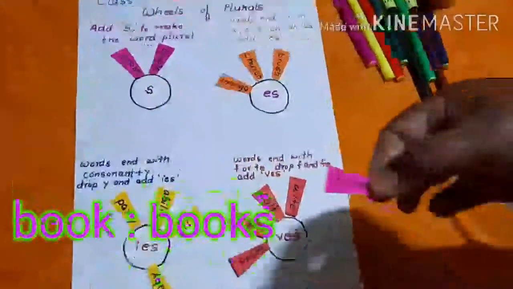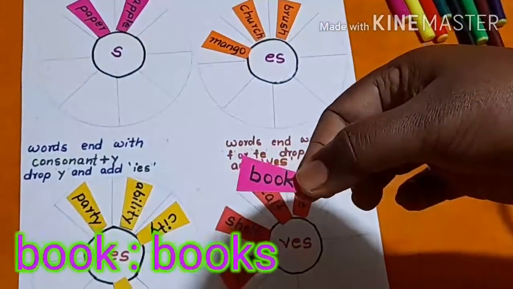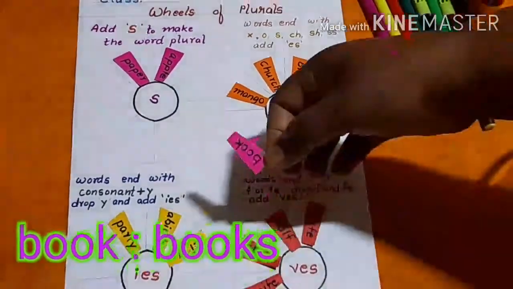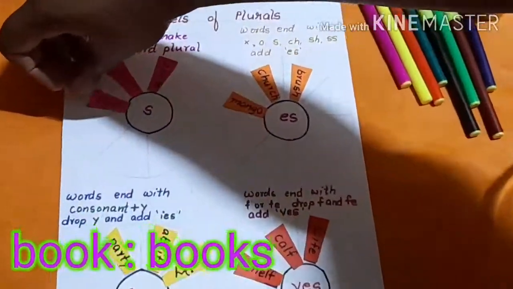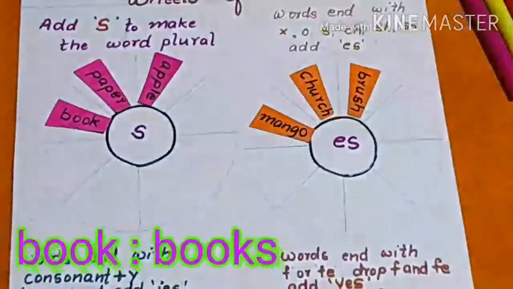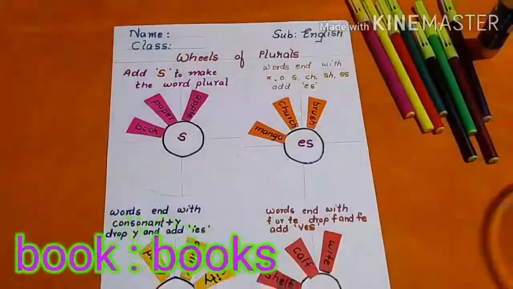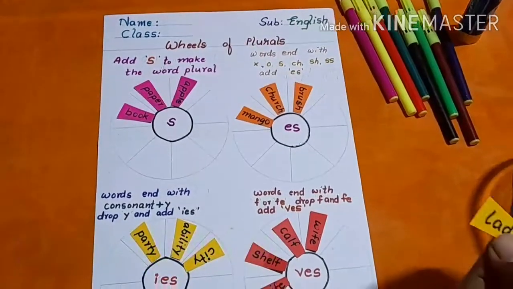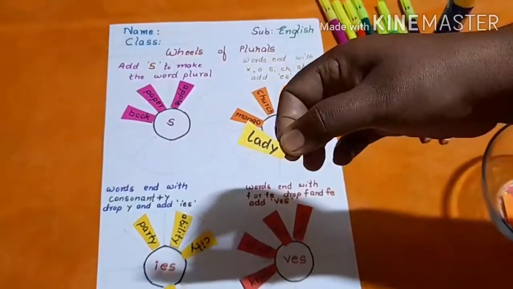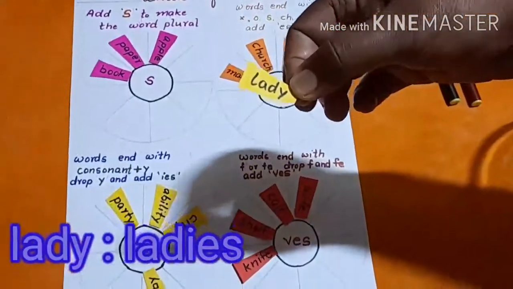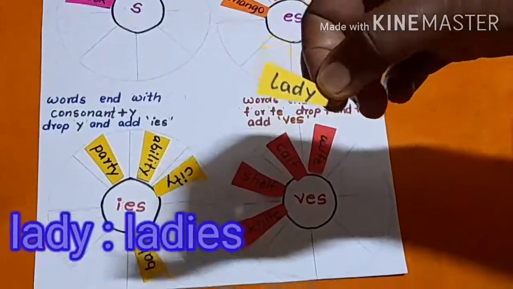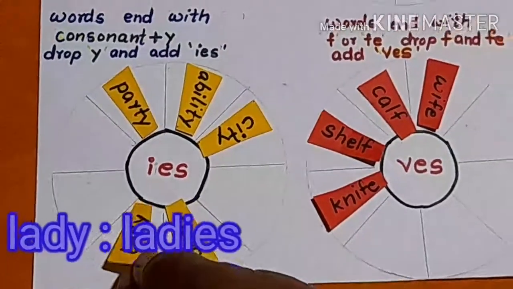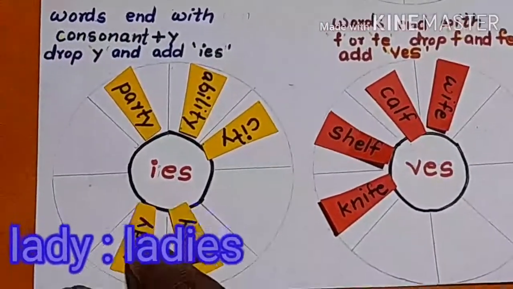Next word I got is book. The plural of book is books. Only we have to add s. Let us keep this word here, the first wheel. Next word I got is lady. The word ends with Y, so we should add IES, so we will keep here the strip.